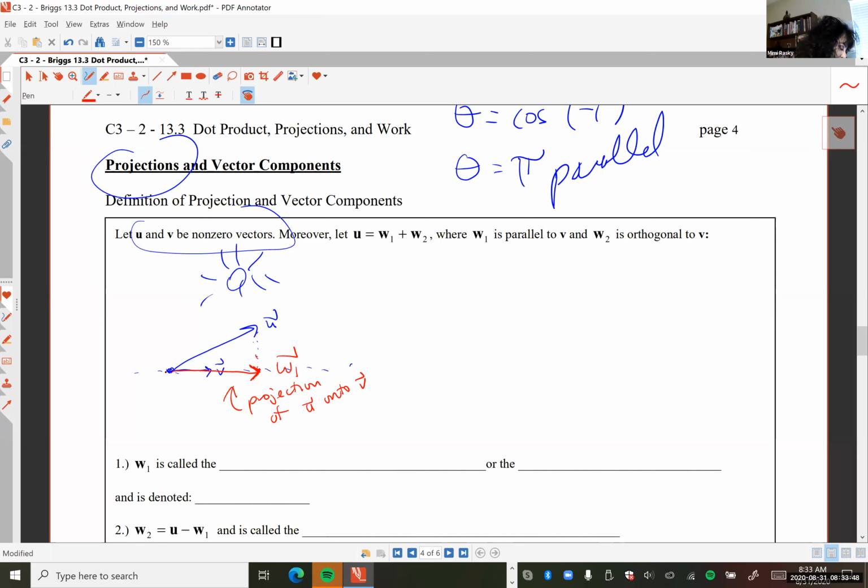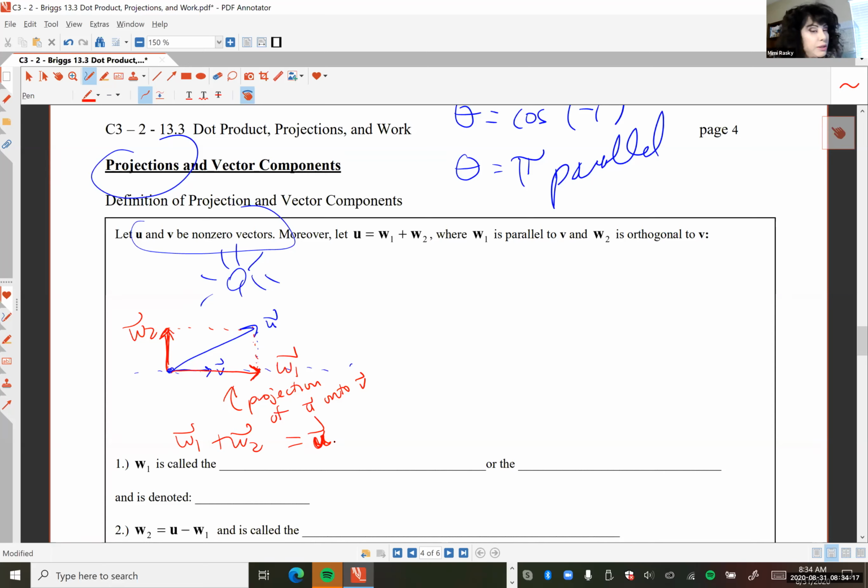They'll ask you to get another vector, which I'll put in red, W2, so that if you add W1 plus W2, it gives you back U. By using the parallelogram law, I hope you can see that W1 and W2 make adjacent sides of a parallelogram, well, here it's a rectangle, and that the diagonal gives you back the U.